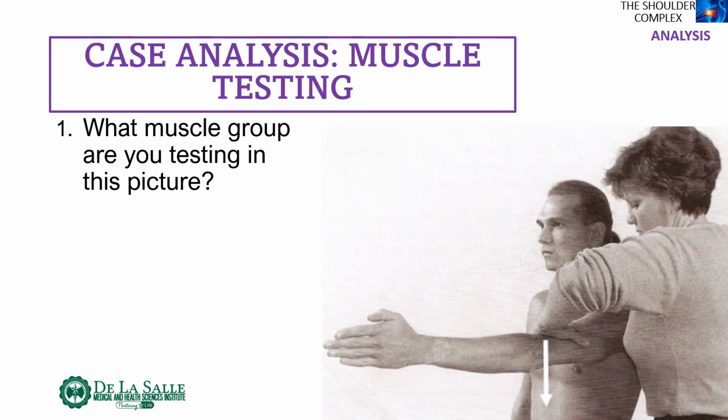Because if the physical therapist puts her resistance here, the patient, in order to maintain this position, may also recruit the muscles in this area, such as your elbow flexors. And we don't like that because we only want to test your shoulder flexors. Clear?